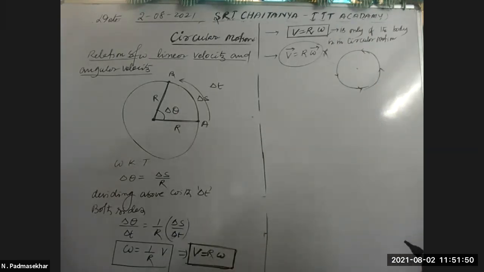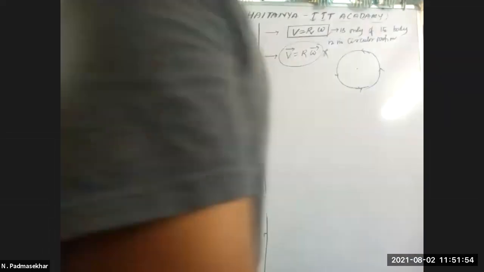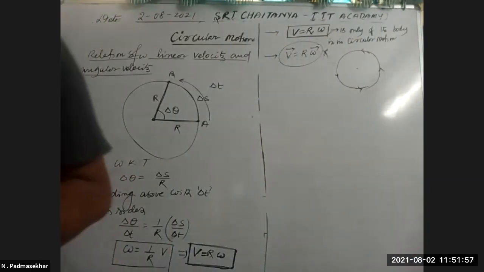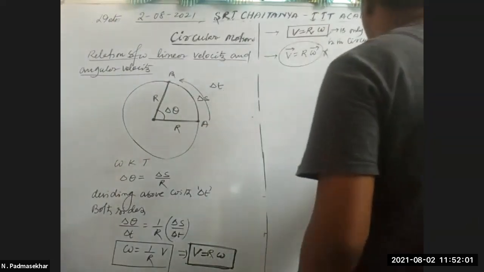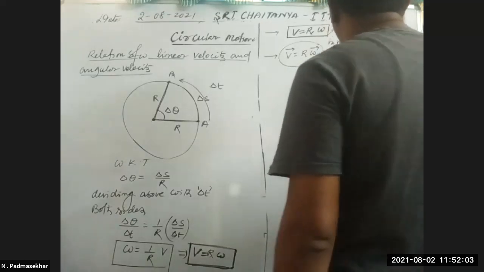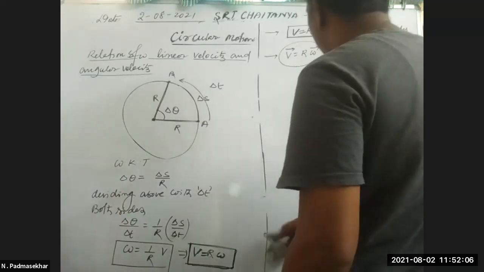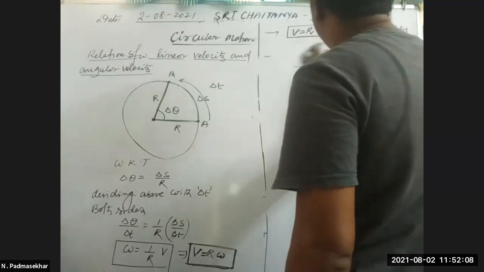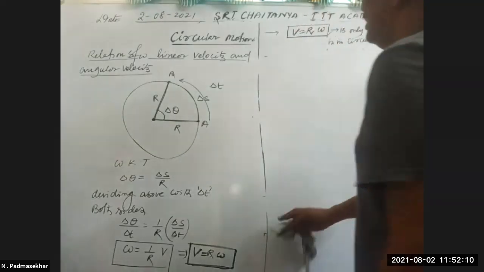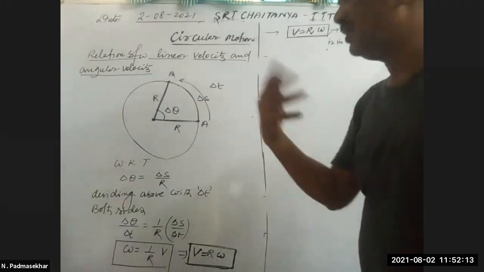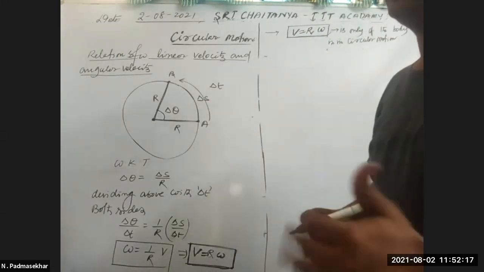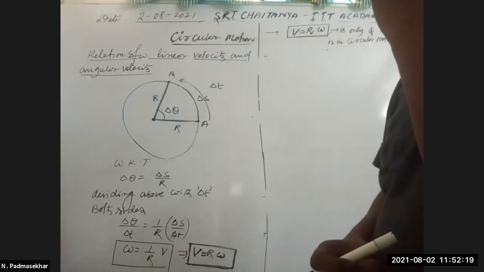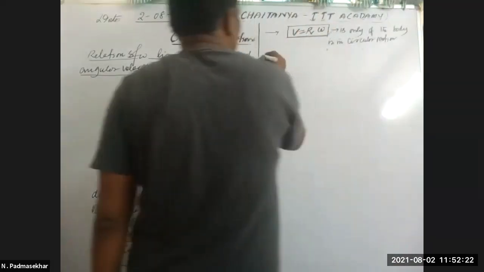But angular velocity is not confined to circular motion. Any motion we can consider in terms of angular velocity. Then in general, for any motion, not only circular motion, what is the relation between the linear and angular velocity?